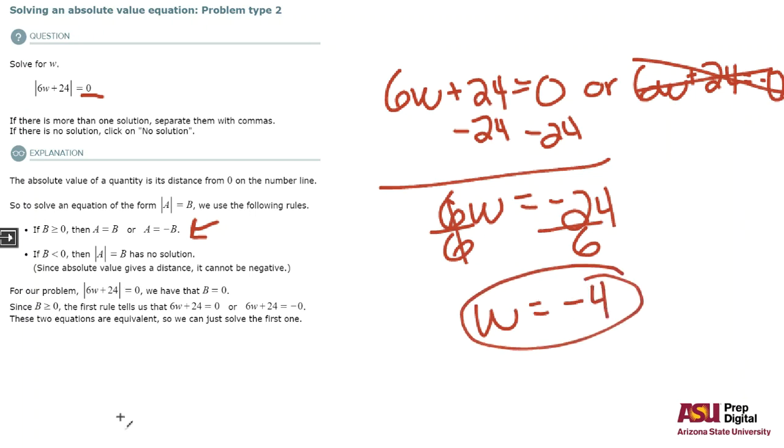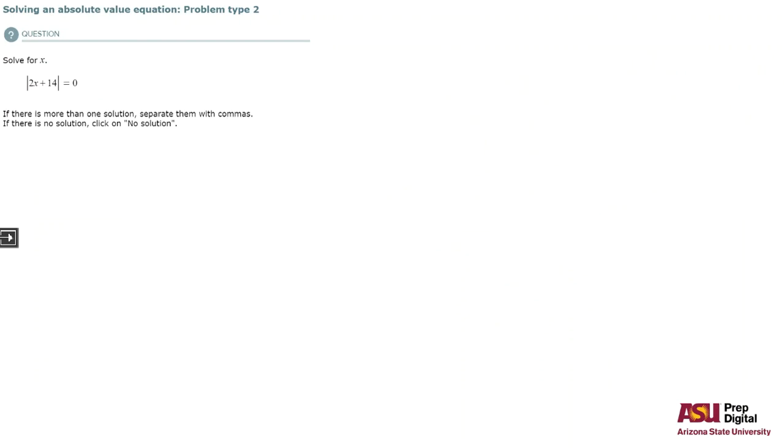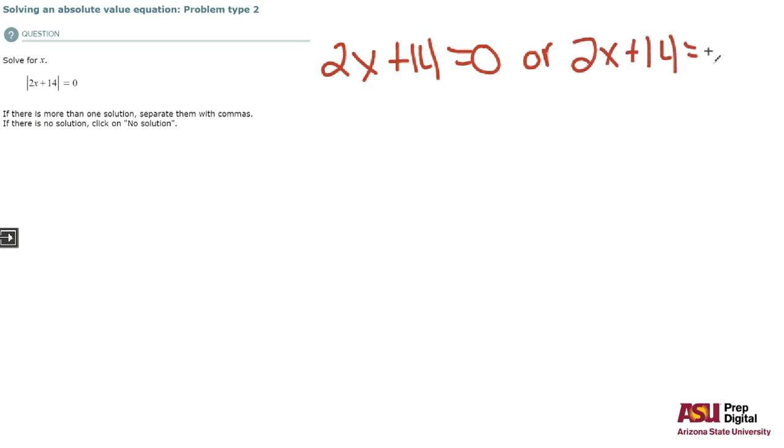And then that would be our solution. And so now on this one, again, it's equal to 0. I suppose these examples were both kind of easy, but this is 0 or greater, so we're going to solve 2x plus 14 is equal to 0, or 2x plus 14 is equal to negative 0.